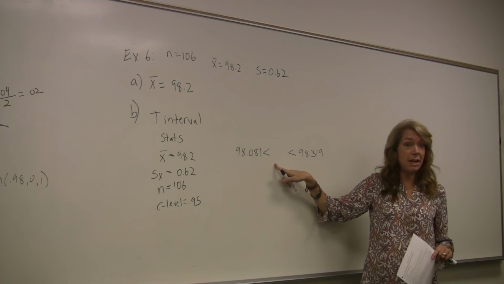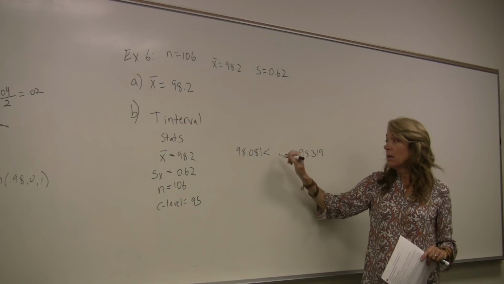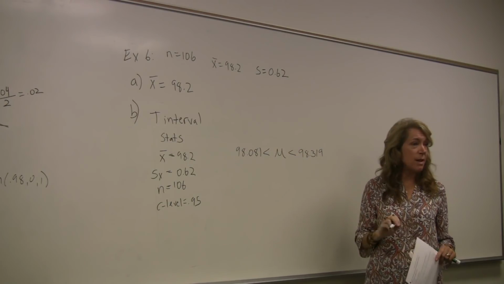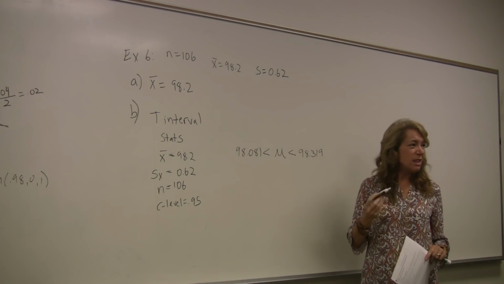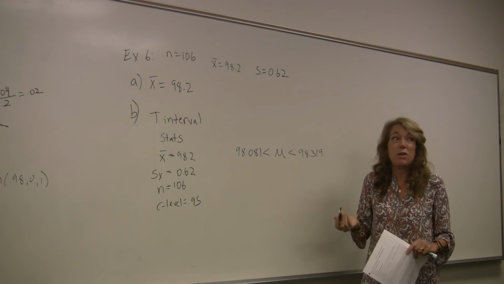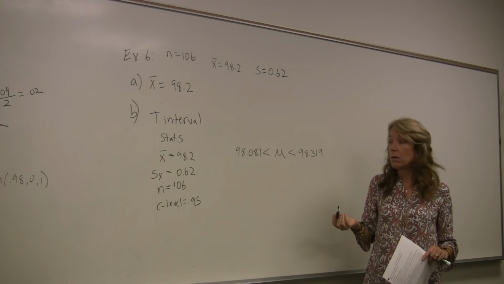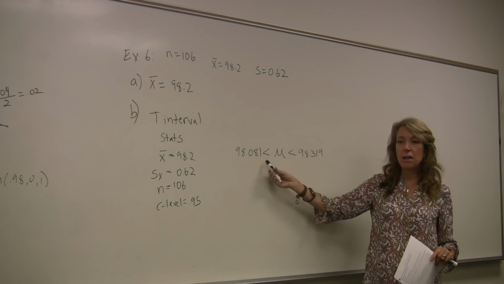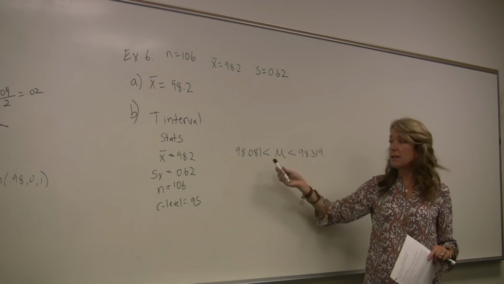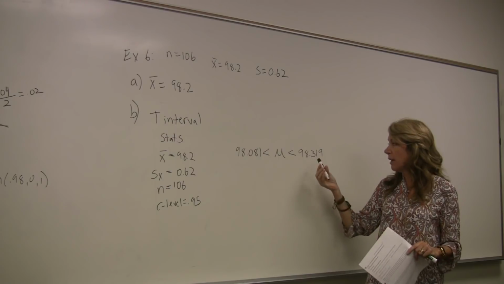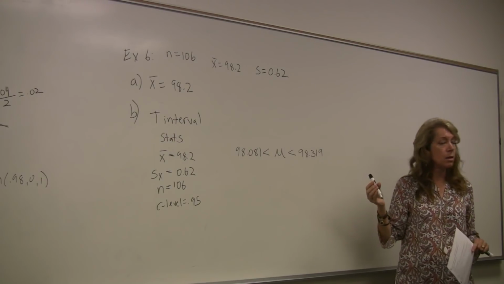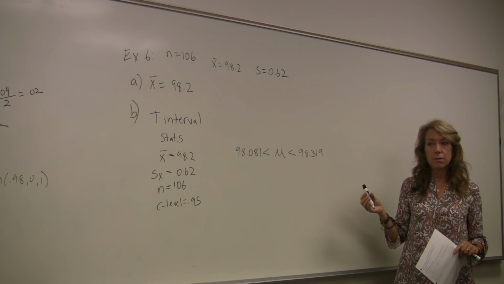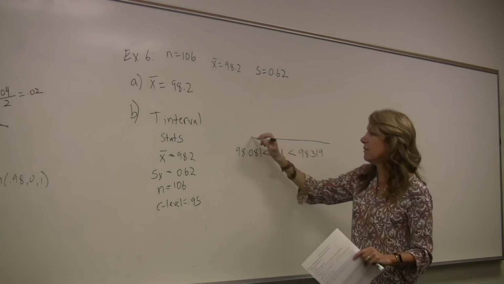We're still estimating the population mean. We're still estimating a mean. We're just using a different calculator function because we don't know sigma now. So this means that we're 95% confident that the mean for everybody is somewhere between 98.08 and 98.3. So that's my confidence interval.